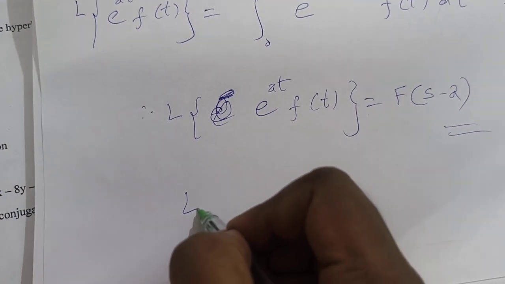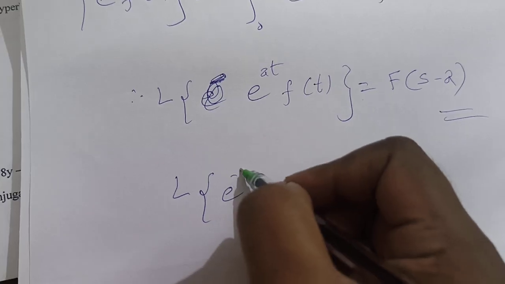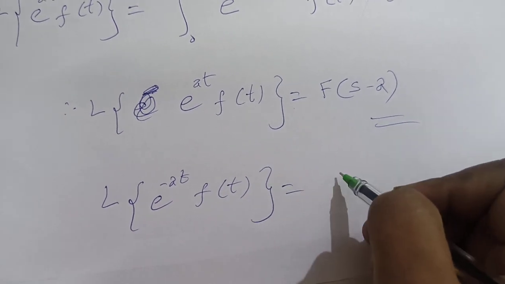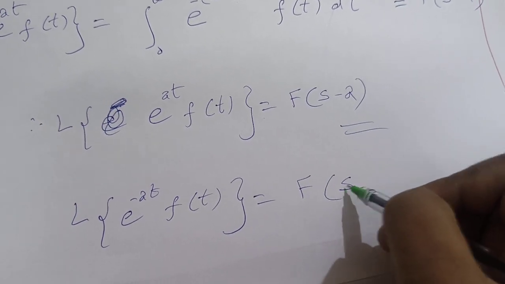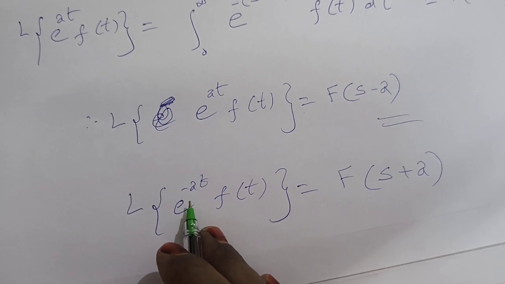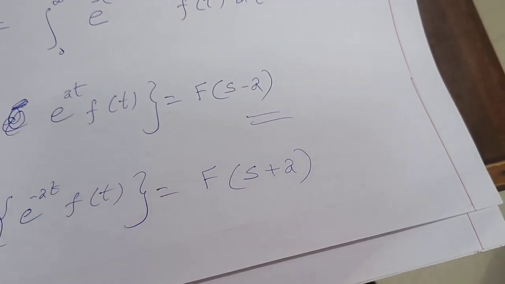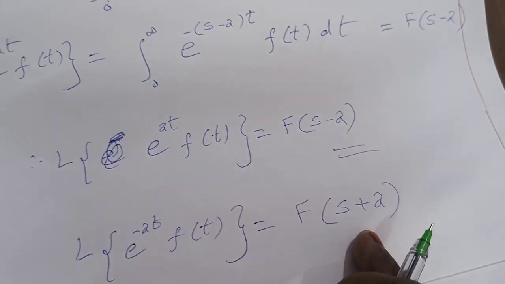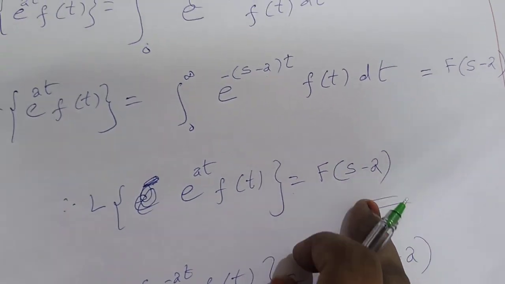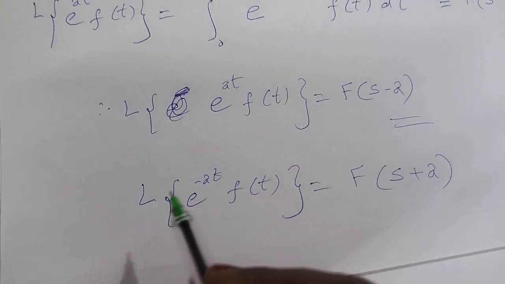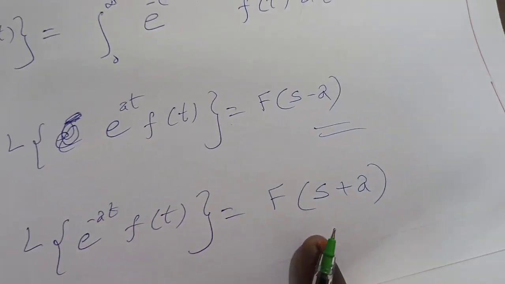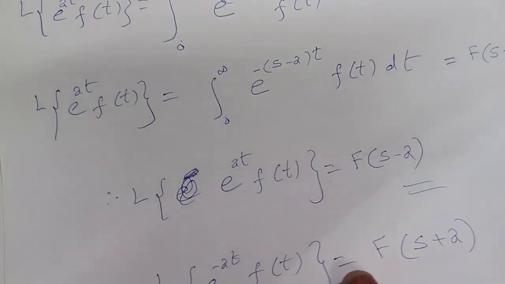Suppose I take L of e power of minus at into f of t, then it becomes F of s plus a. When we have minus sign on the left hand side, we will write plus on the right hand side. If it is plus at, then we will write s minus a. So in the problem we have to apply this condition: L of e power of minus at f of t is equal to F of s plus a.